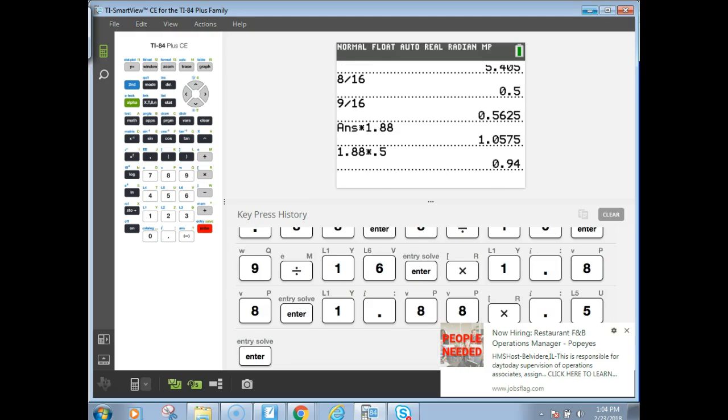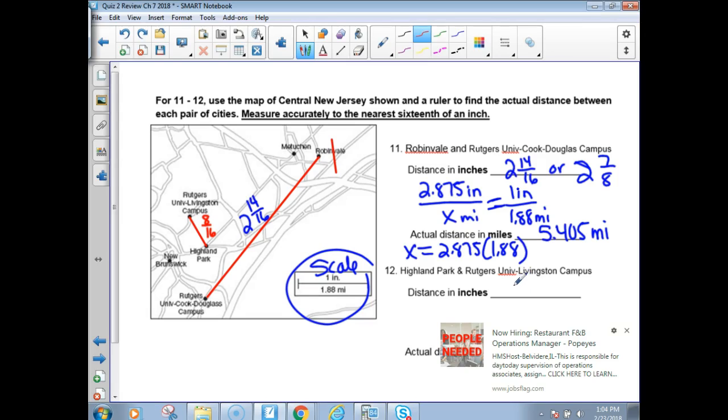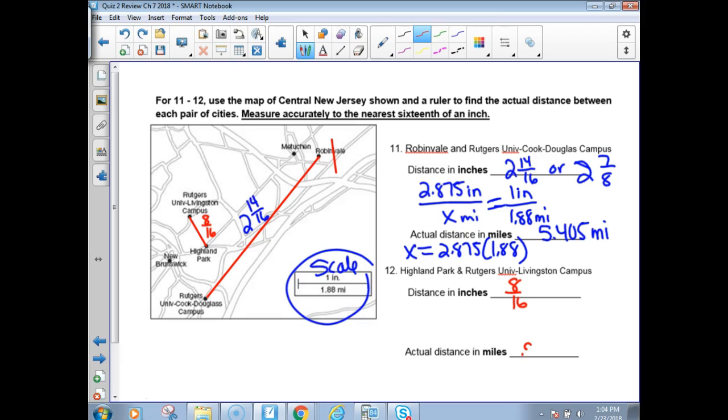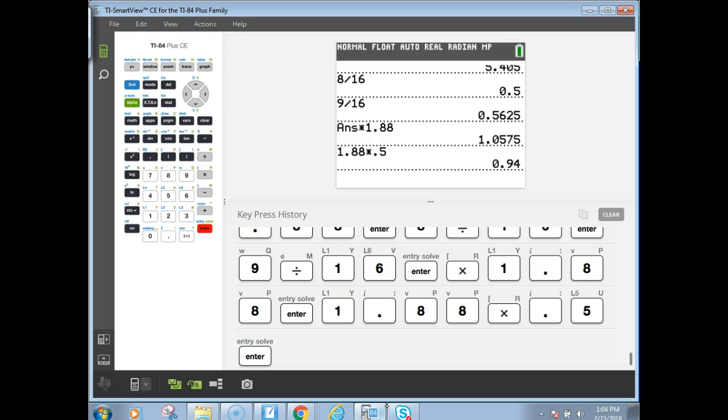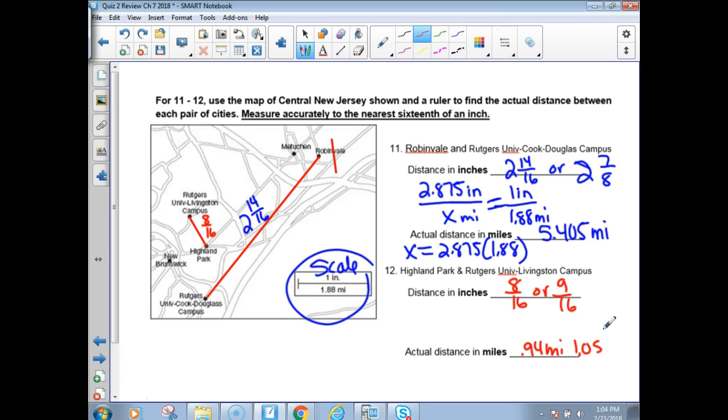And that's 0.94. So I'm thinking 0.94 miles. Or if you did 9/16, it was 1.0575 miles. There is a difference there, but it was a little ambiguous as to whether it was between 8/16 and 9/16.